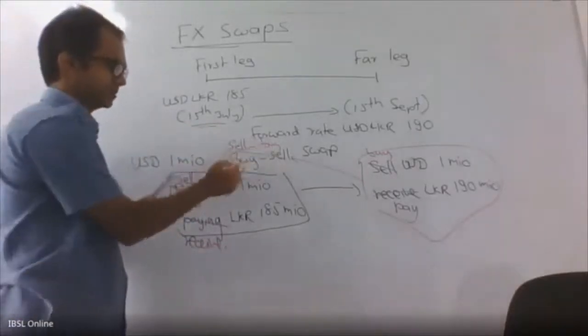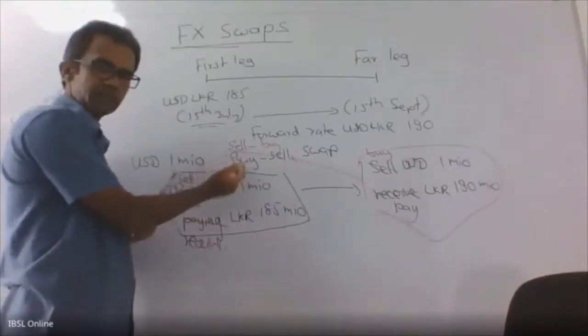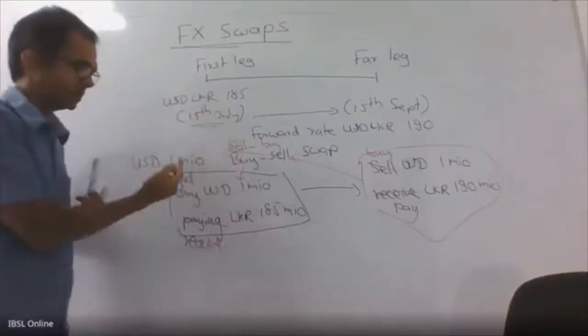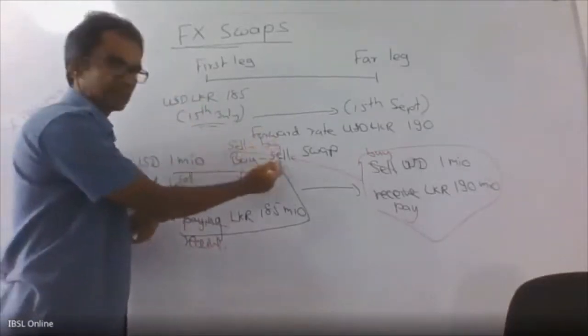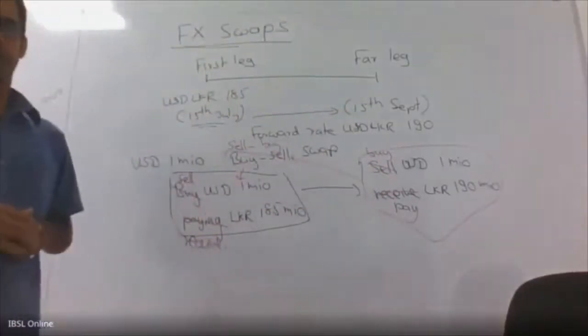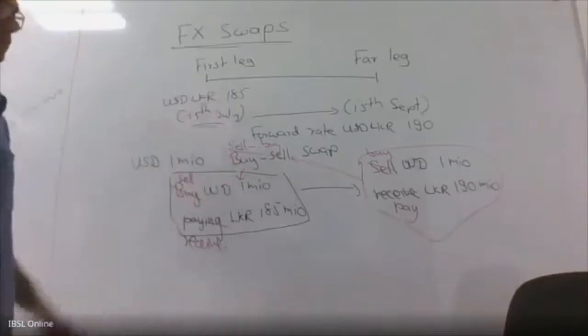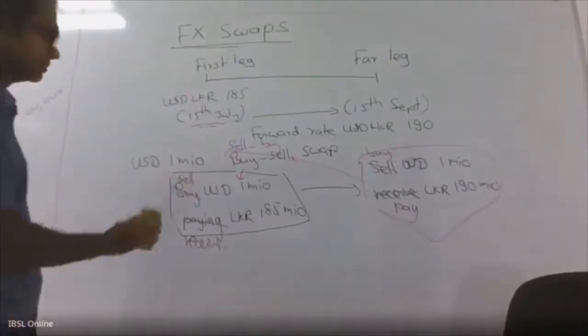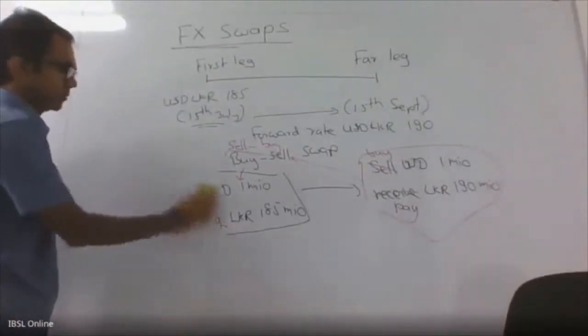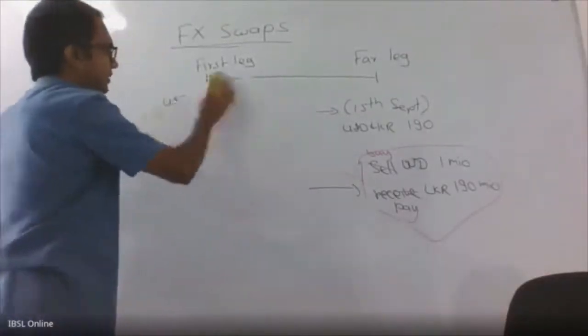Whatever appears first in this pair is the transaction that you do in the near leg. What appears second is the transaction that you do in the far leg. So this is the swap transaction. Now I'll explain how we can use this swap transaction in real life.